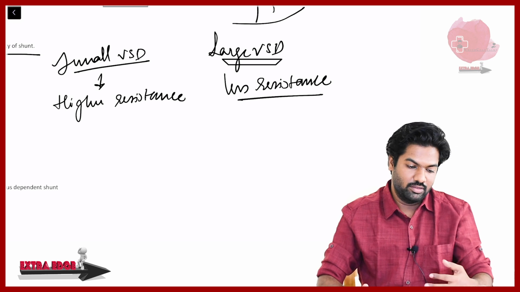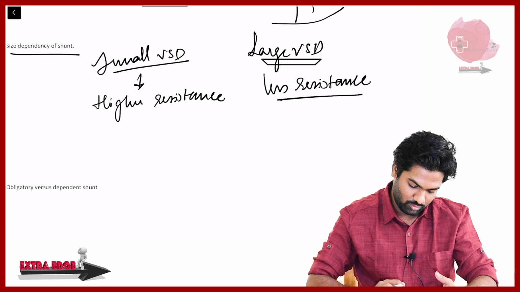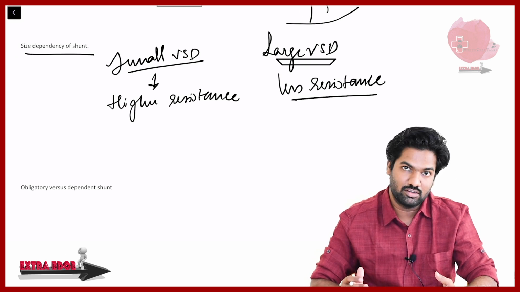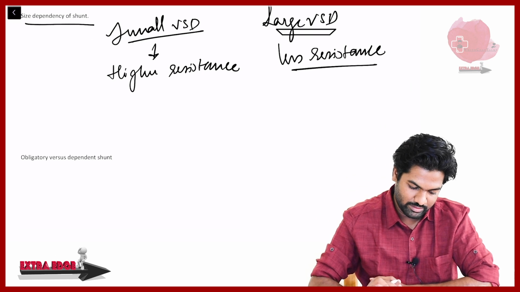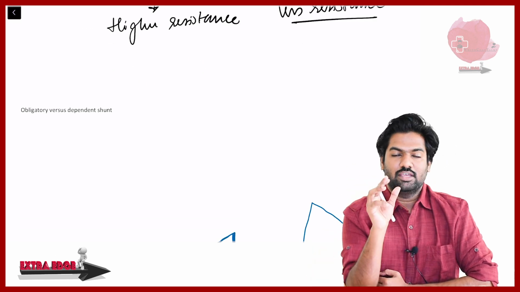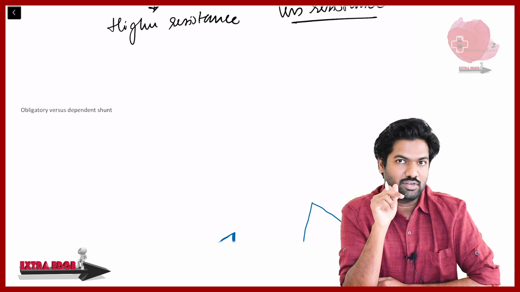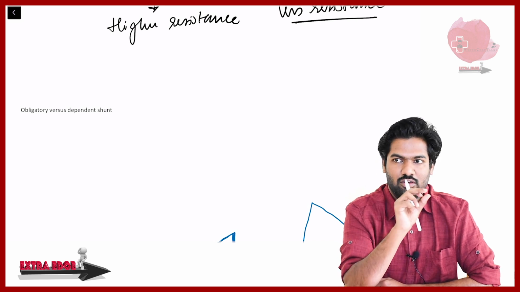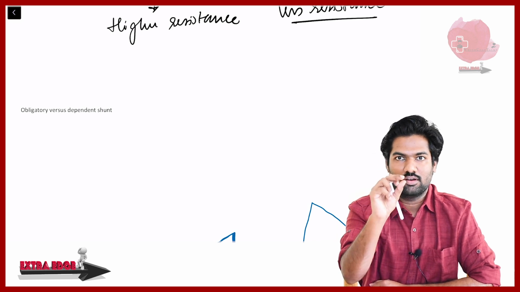After knowing this point, this will help us to know how the shunt depends and how the hemodynamics depend. Now they have labeled something called obligatory shunt or dependent shunt, because not all cases of ventricular septal defects are only small or only huge.